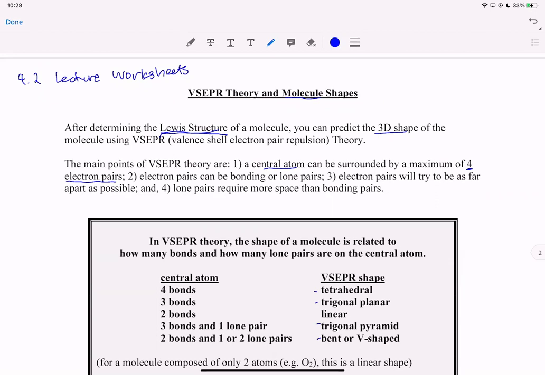But you will have a maximum of 4 things stuck around your central atom. And these electron pairs can be bonding pairs or lone pairs. The lone pairs, remember, are non-bonding electrons.